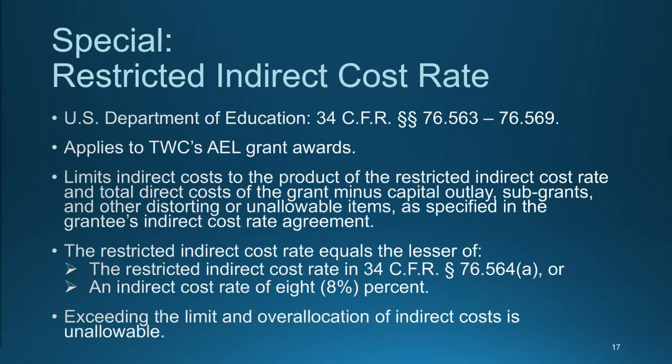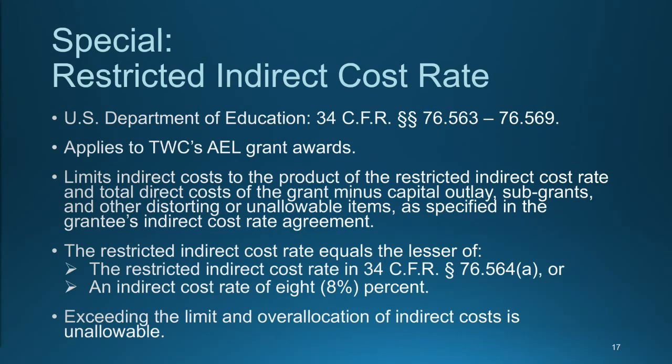And on that note, you probably all are aware, and if you're not, then here you go, spoiler alert: the Department of Education does have regulations for use of a restricted indirect cost rate. Those regulations are listed in that first bullet there, 34 CFR 76.563 through 76.569.